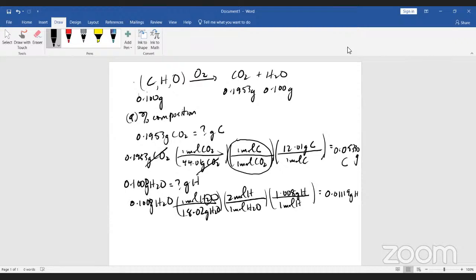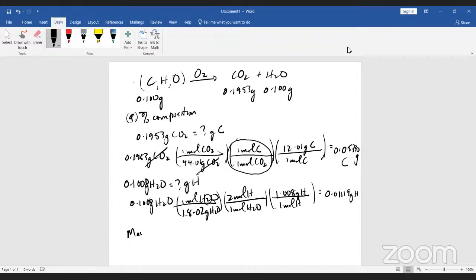So far, we have successfully calculated the masses of hydrogen and carbon. But remember, the compound contains carbon, hydrogen, and oxygen. So now we need to find the mass of oxygen. And that's very easy because they gave us a total mass, right? So basically all we have to do is take the total mass.